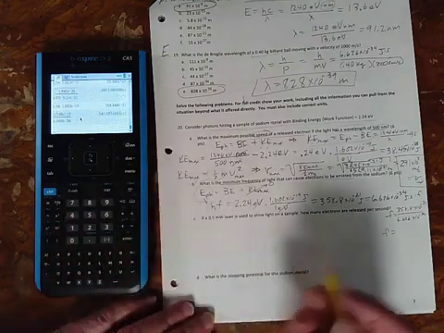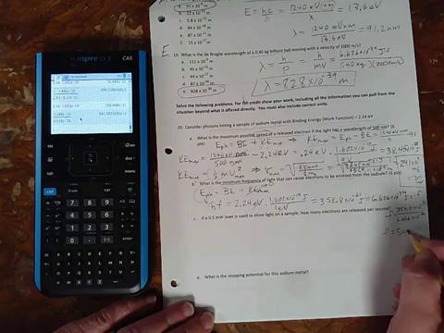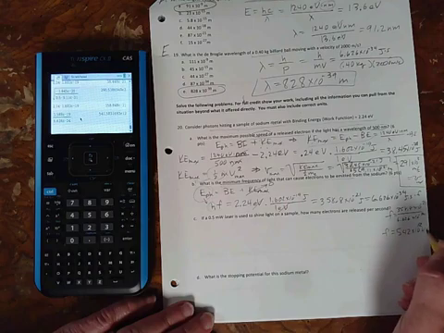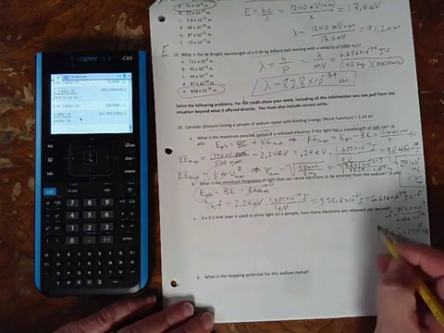Plugging that in, I get 542 times 10 to the 12th hertz. 1 over seconds is hertz.